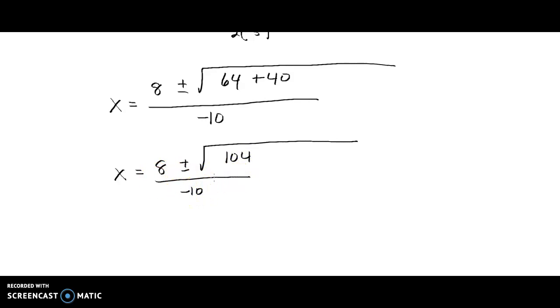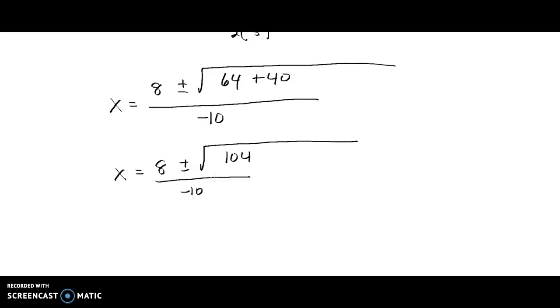Now I know that this is not going to be a perfect square. So this is where I'm going to grab my calculator, and you all can too. And I'm going to start small. I'm going to divide 104 by 4. And that gives me 26, okay?